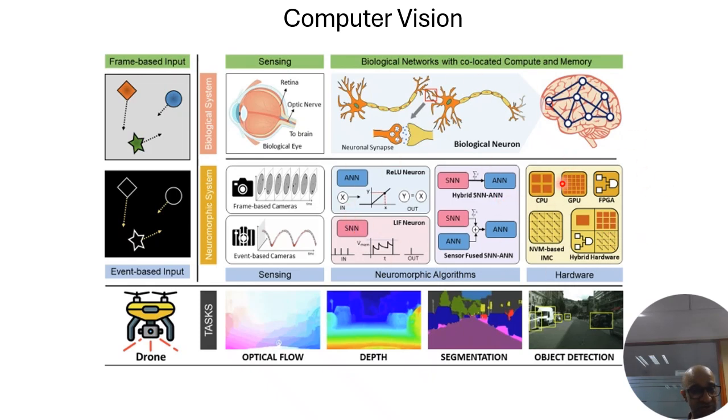You can use the standard CPU, GPU kind of hardware or dedicated hardware, FPGA, field programmable gate arrays and things like that. Or you can actually create these neuromorphic computational devices that model activities of spiking neurons, right? And create combinations of all of these in order to create visual things. So your drones now will be able to, in real time, figure out optic flow, how fast the image is moving, depth, how far a particular object is.